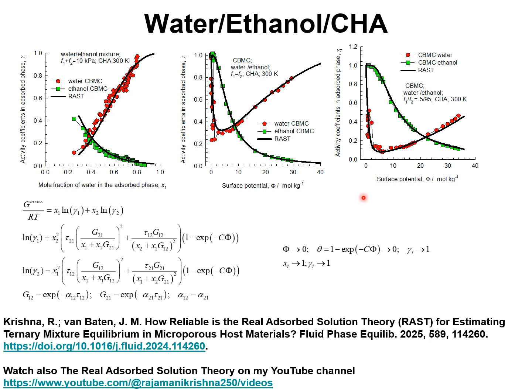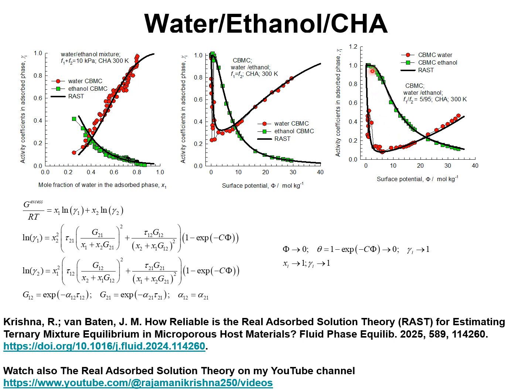The total fugacity f1 plus f2 is varied from very low values to about 1 megapascal. The activity coefficients are plotted as a function of the surface potential, and we note again that as the surface potential tends to 0, the activity coefficients of both components tend to unity.